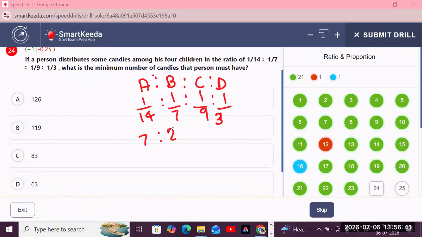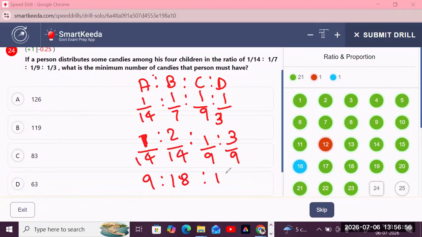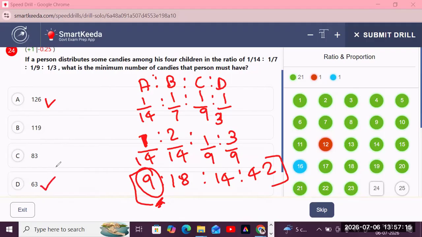We have to equate these, so this becomes this much. Now we will multiply here by 9, here by 9, here by 14, and here by 14. So this is the total ratio of A, B, C, D. So what is the minimum number of candies that a person must have in 9 parts? But 9 parts is divisible by this also, it's divisible by this also.